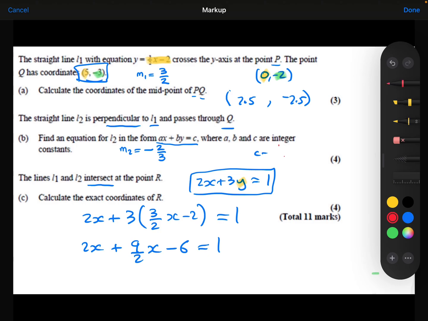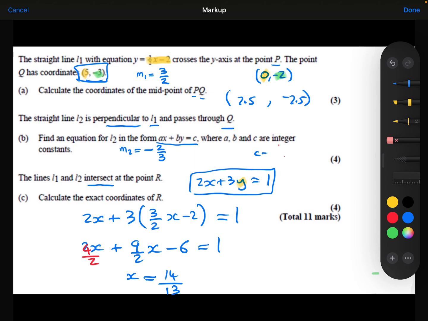The 2, that's the same thing as 4 over 2, just to make it easier for me to collect those like terms together. So I will have 13x over 2 is equal to 7, because I added the 6 to both sides. Times both sides by 2, and then divide both sides by 13. So x is 14 over 13.